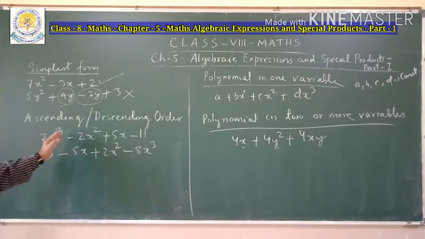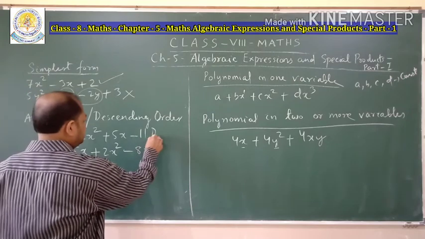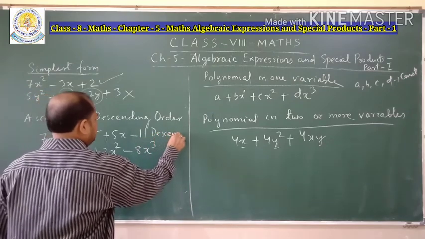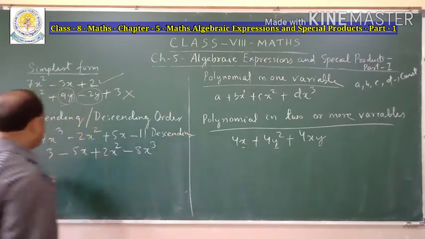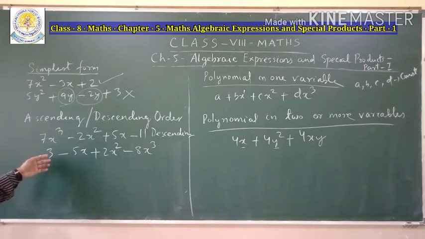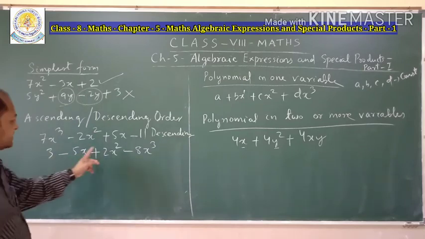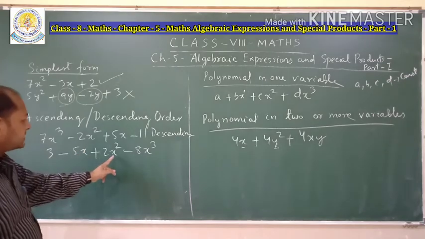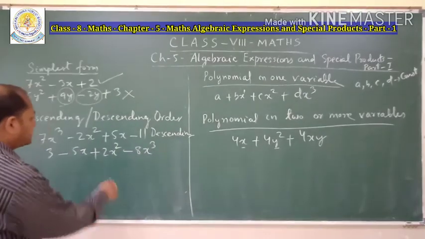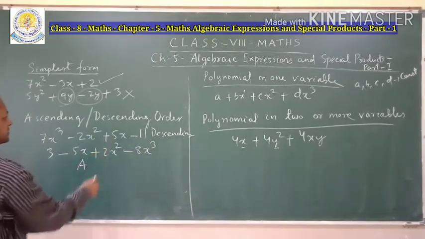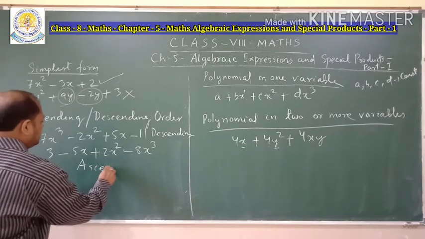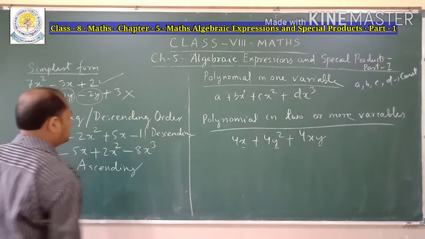We can call this the descending order. And in this example we see that the power of x is increasing. Here it is x to the power 1, here x to the power 2, here x to the power 3. So you can call this algebraic expression to be in ascending order.